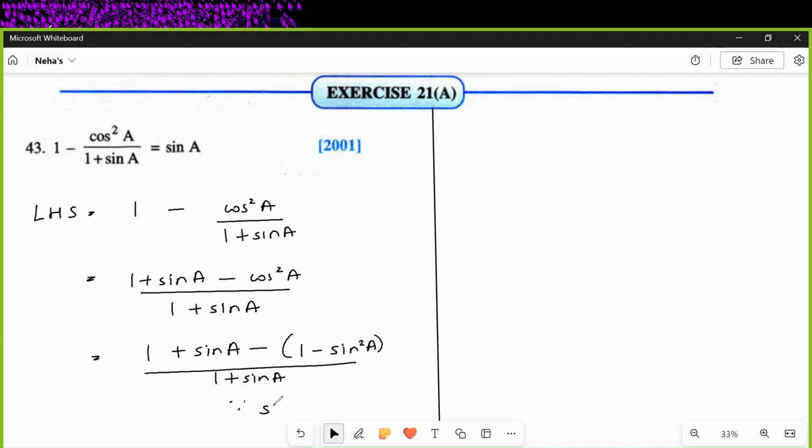This is because sin square theta plus cos square theta is equal to 1. Therefore, cos square theta can be written as 1 minus sin square theta. Now we will open the brackets.